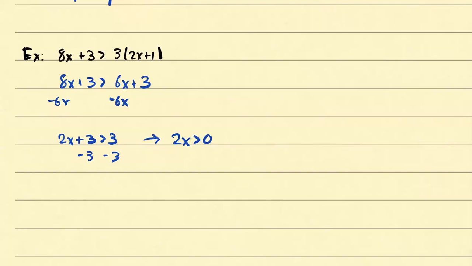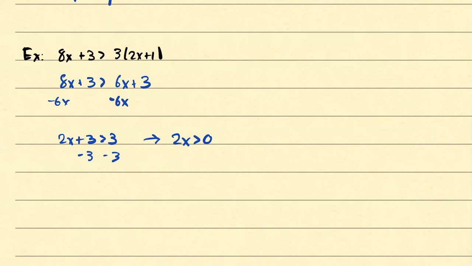So this is kind of weird. Let's think about this intuitively outside the realms of math or this notation. I have a number 2 and an unknown number x, but I know that when I multiply 2 and this unknown number, the resulting number is greater than 0.